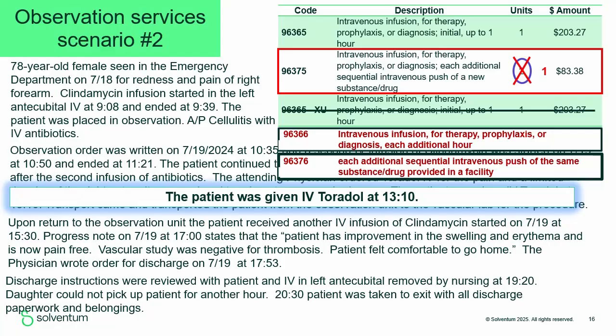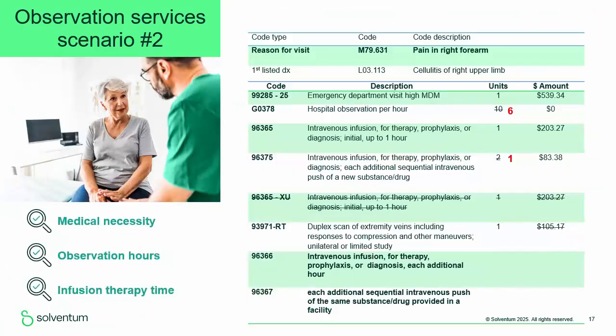So we're going to look at the changes all in summary now. For this scenario, we had to update our observation hours from 10 hours to 6 hours. We had to change the units of the new drug from 2 units to 1 unit.